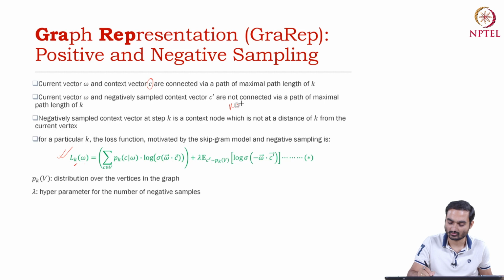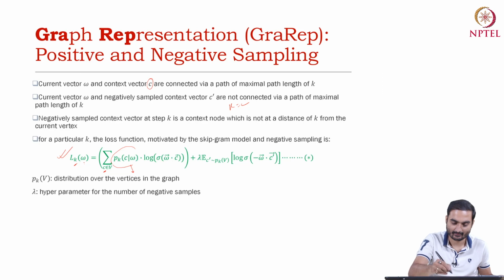So, let us say k equals 2. For a given word, you take a context node C, and this is the probability.